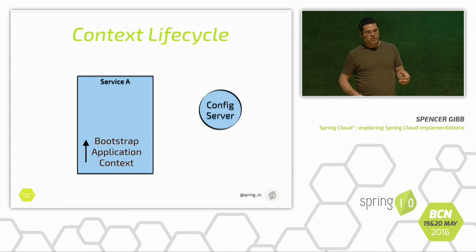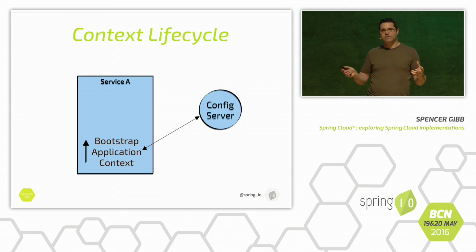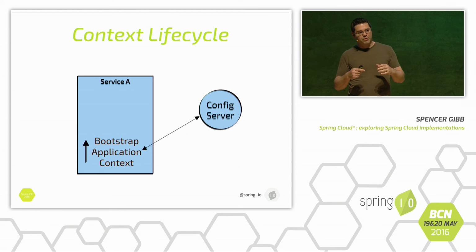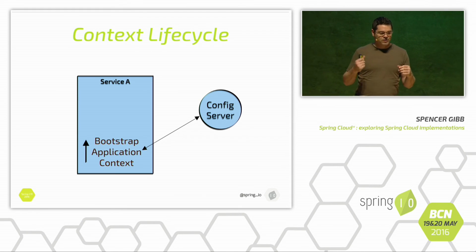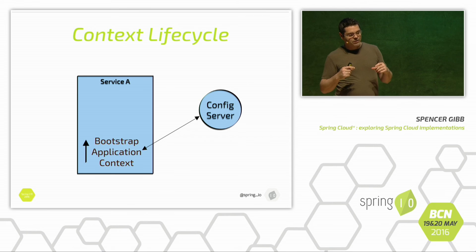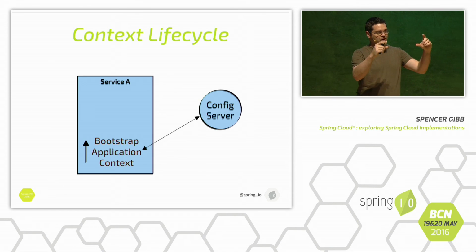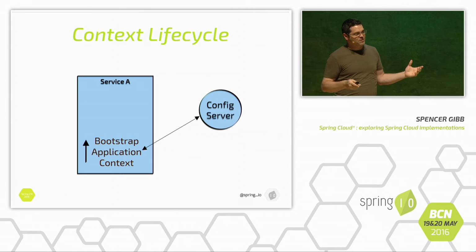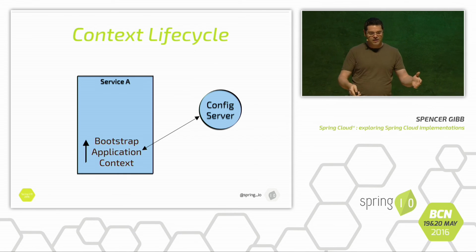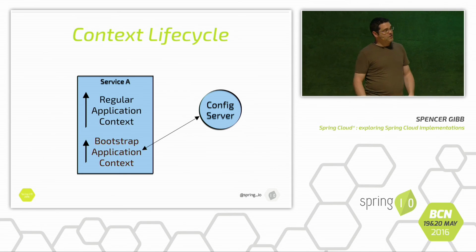Its job is specifically to go out and get configuration from this remote source, and then it takes those values, creates a property source, like Josh showed you, and injects that into the application context as though it were the normal application context. So Bootstrap happens, and then the normal application context proceeds.